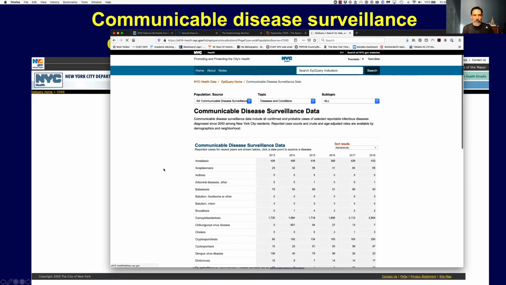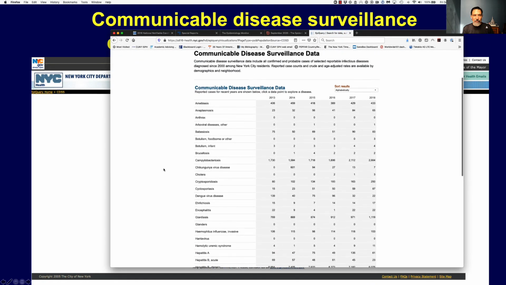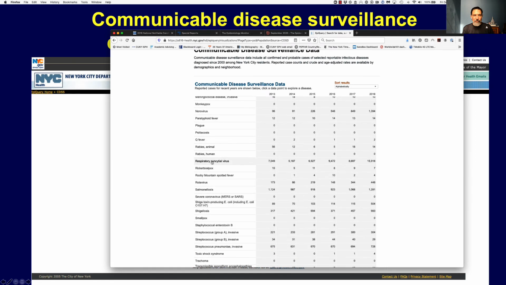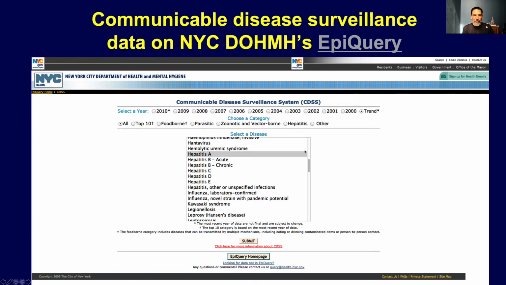It's very crude and simple. There's not much in the way of slicing and dicing the data that you can do, but for all the different reportable conditions, you can get a sense of how many communicable disease cases have been reported over time here in New York City. So that's EpiQuery.